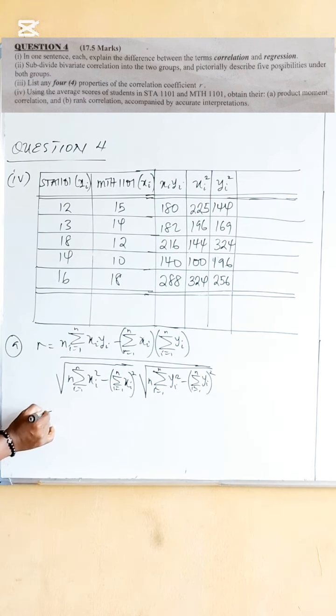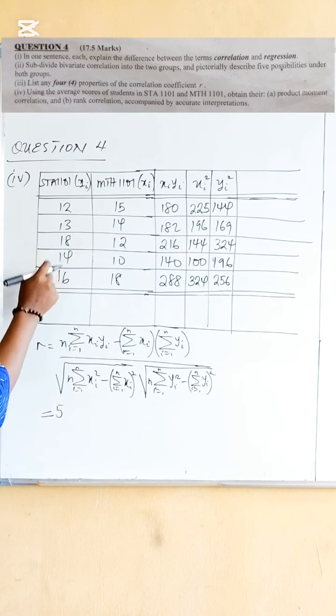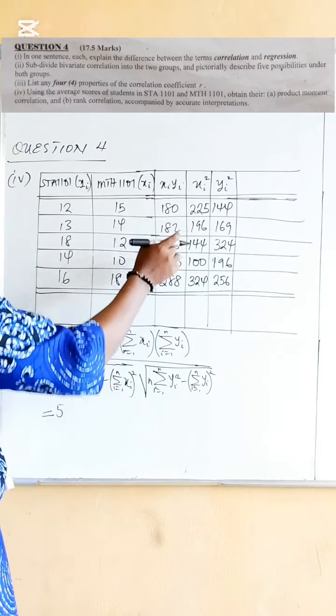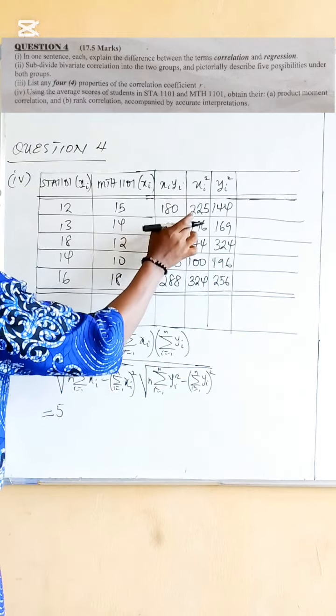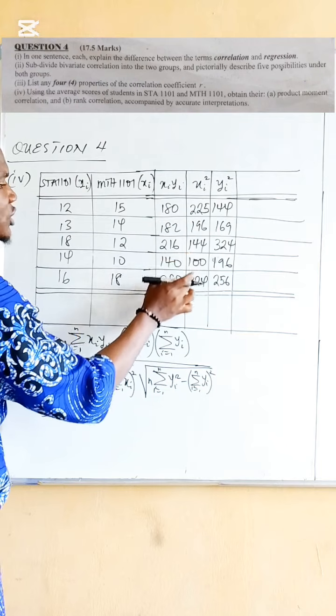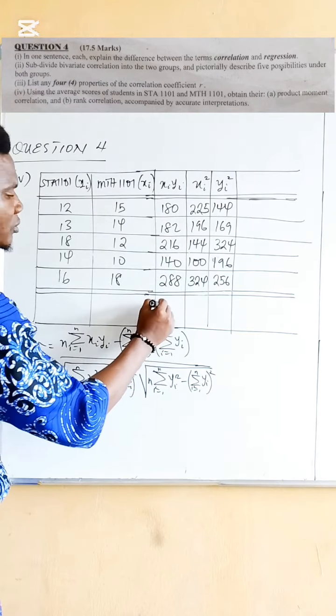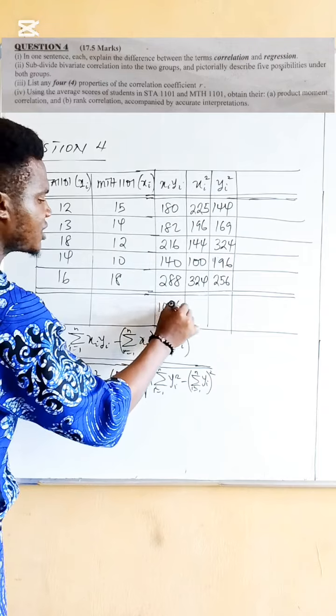Now, once we've gotten our values, we would come over and compute the following. N is 5 because there are 5 data entries under each variable. Summation xi yi, we are going to add all these. Let's quickly add this: 180, 182, 216, 140, 288 under xi yi gives us 1006.